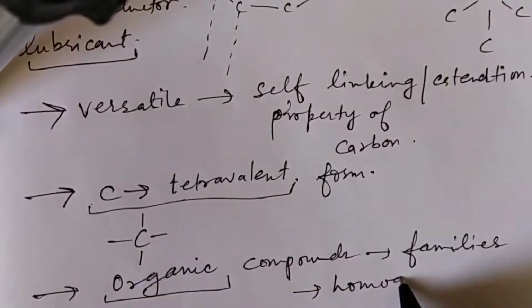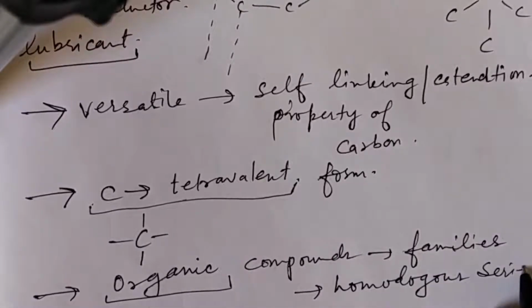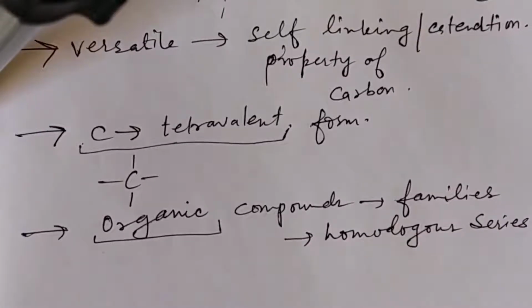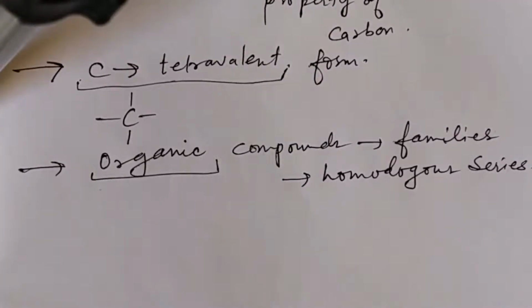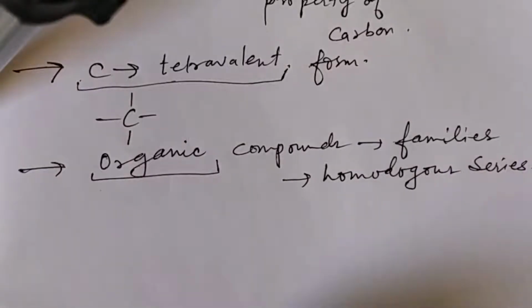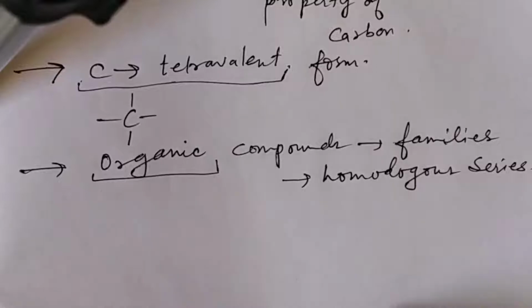When we put a certain type of organic compounds in a separate class, we call it a family or homologous series.